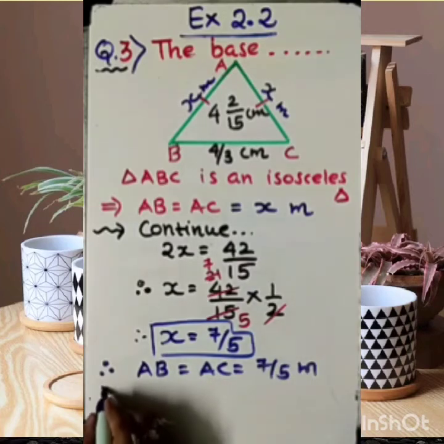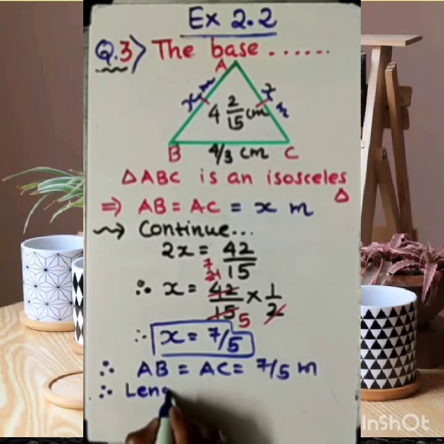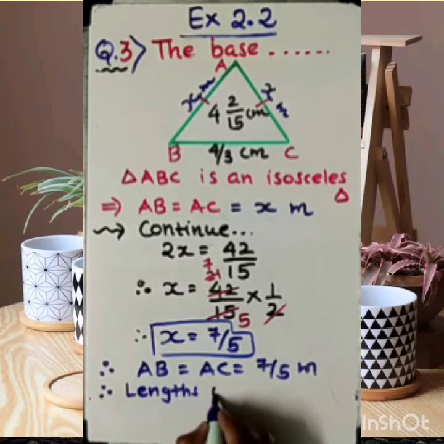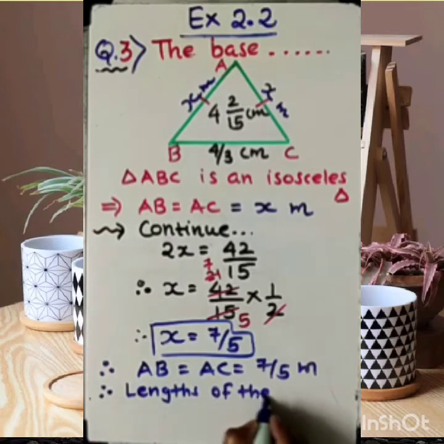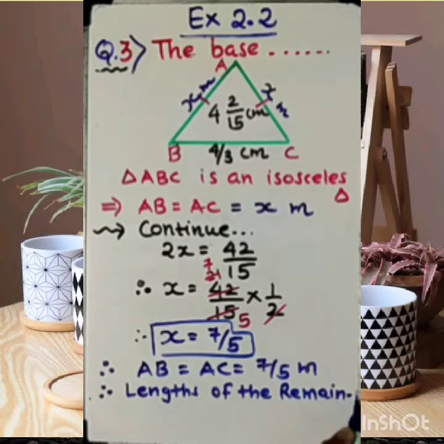So according to the question, we need to write in a statement form. The length of the remaining equal sides. Okay, whatever we are given in the question, according to that I am writing.